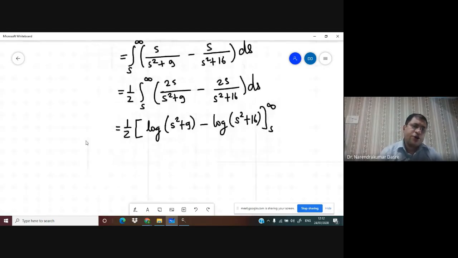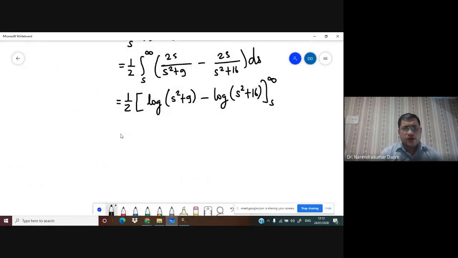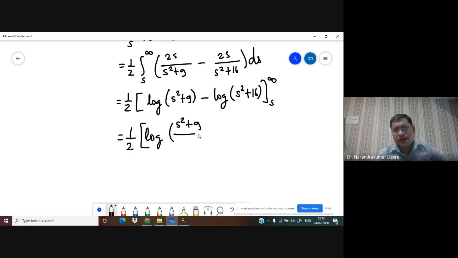As I have warned you, don't be in a hurry to put the limits. The moment you write log of infinity, your answer will be lost, or your answer will be terminated there only. So that's why we have to be careful. So this is half of log of s square plus 9 upon s square plus 16, from s to infinity.